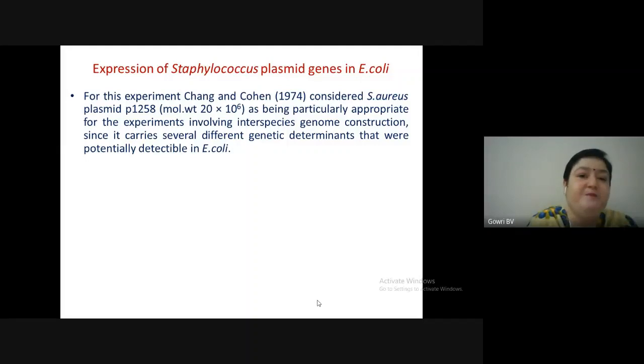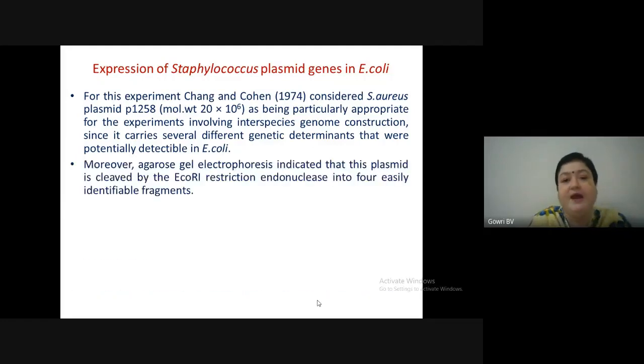For this experiment, Chang and Cohen in 1974 considered Staphylococcus aureus plasmid P1258 as being particularly appropriate for interspecies genome construction, since it carries several different genetic determinants that were potentially detectable in Escherichia coli.